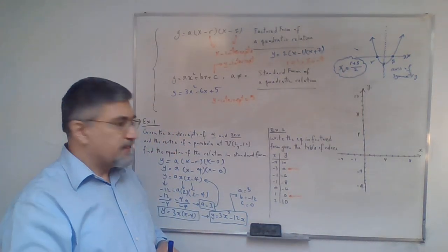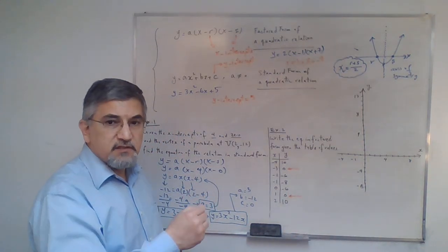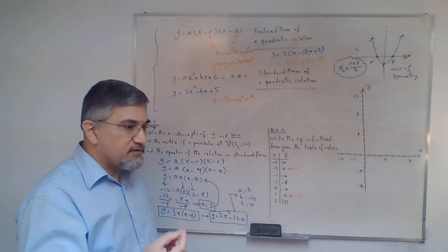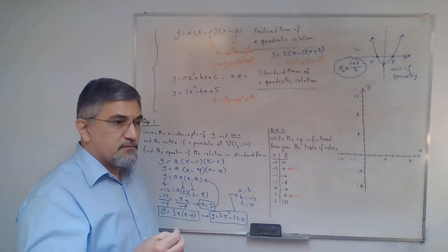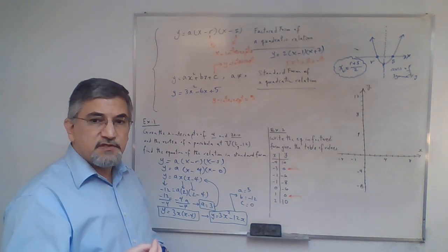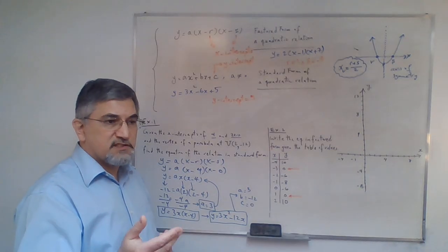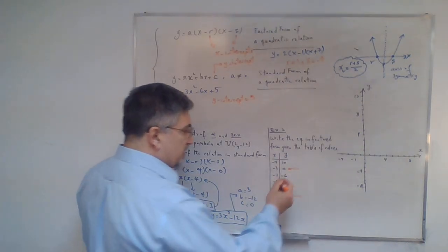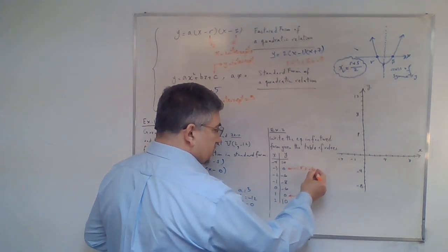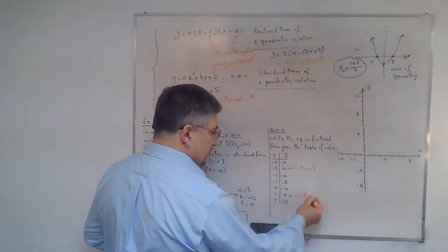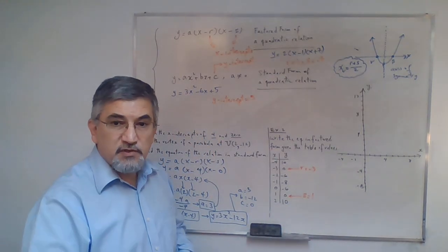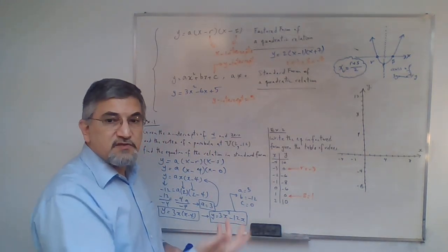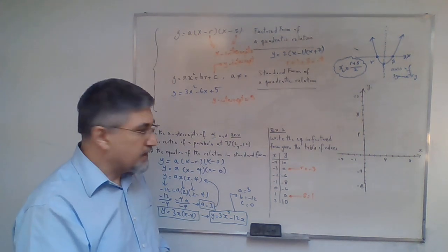It tells you that if x is 1 or -3, the value of y is 0. And this is actually showing the zeros of the relation, or in other words, x-intercepts of the parabola. So basically, r is equal to -3 and s is equal to 1. And we can get this information from the table of values very simply.